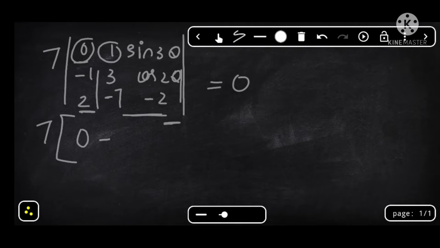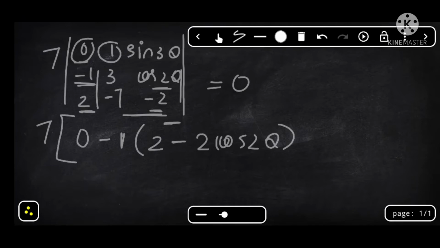Okay, so our elements will be 1 into, okay, so minus 1 into minus 2, so 2. Okay, minus 2 into cos 2 theta, 2 cos 2 theta. Okay, then the next sign will be plus.